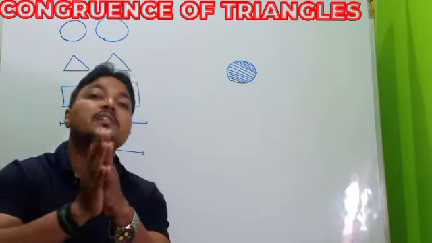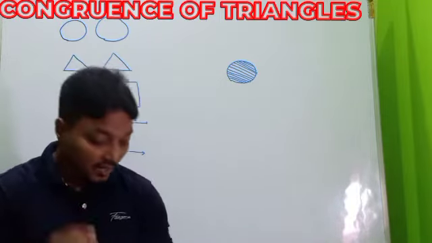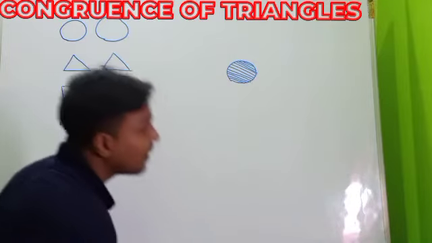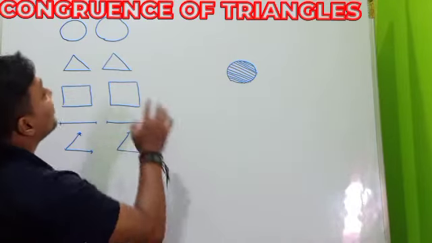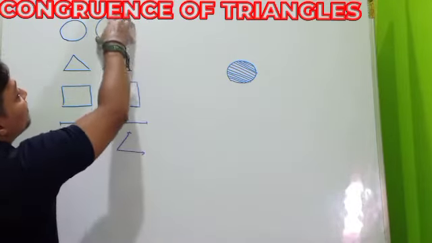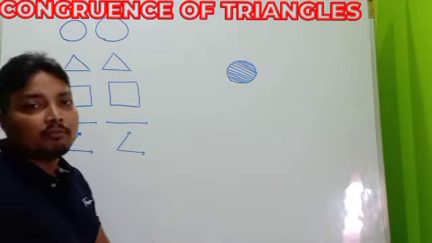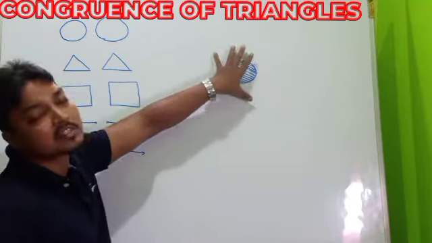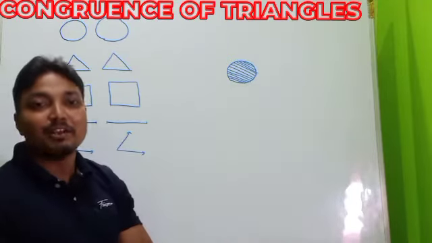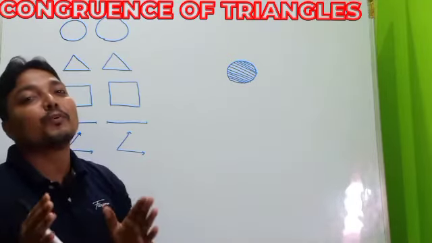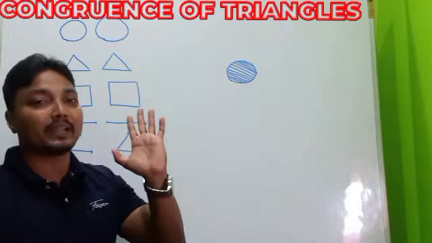Superposition is the method by which you cut one figure and keep it over another figure, and if both figures cover one another completely, then you can say that both figures are congruent.